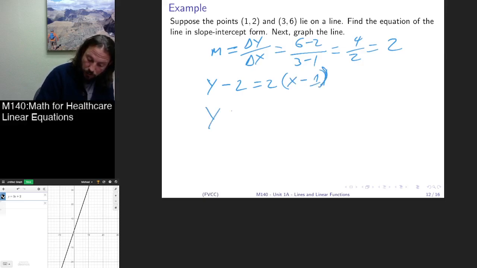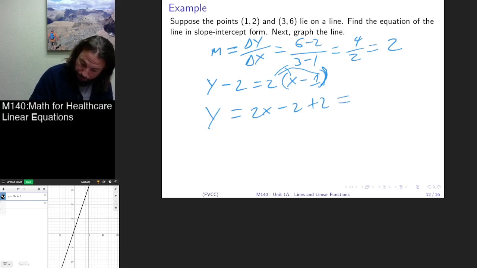We get y minus 2 equals 2x minus 2 when I distribute the 2. Don't forget that distribute. And add 2 to both sides, and that gives me y equal to 2x.